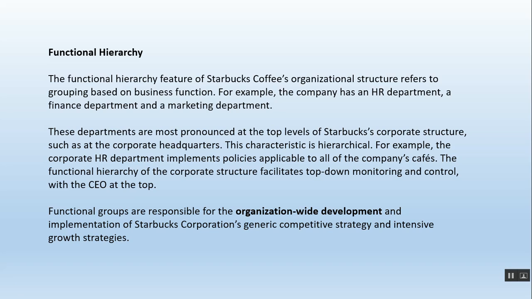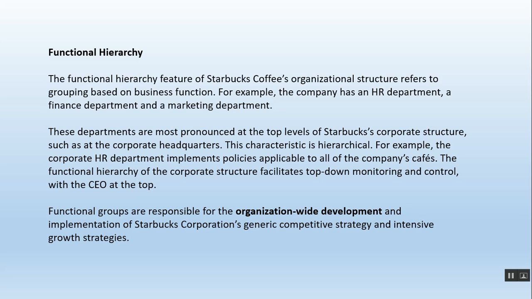So functional hierarchies, which Starbucks does have, these organizational structures refer to groupings based on specific functions. For example, the HR department, the finance department, the marketing department. These departments at Starbucks, and really most organizations, are most pronounced at the top of the corporate structure, such as the corporate headquarters. This is characteristically a hierarchical structure.